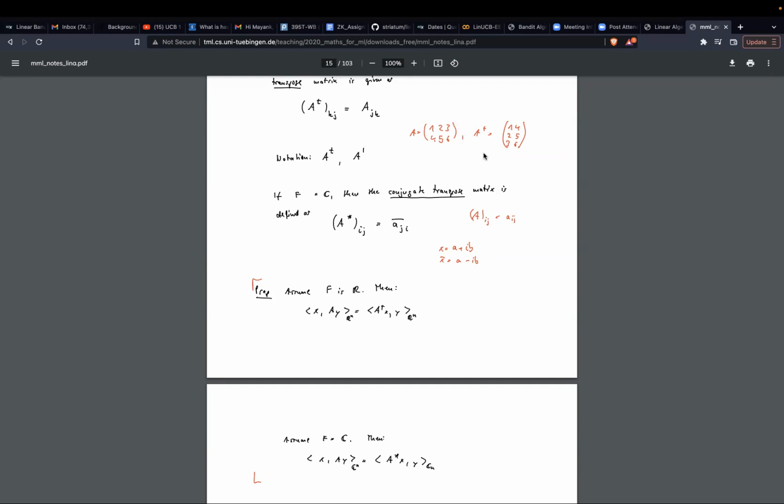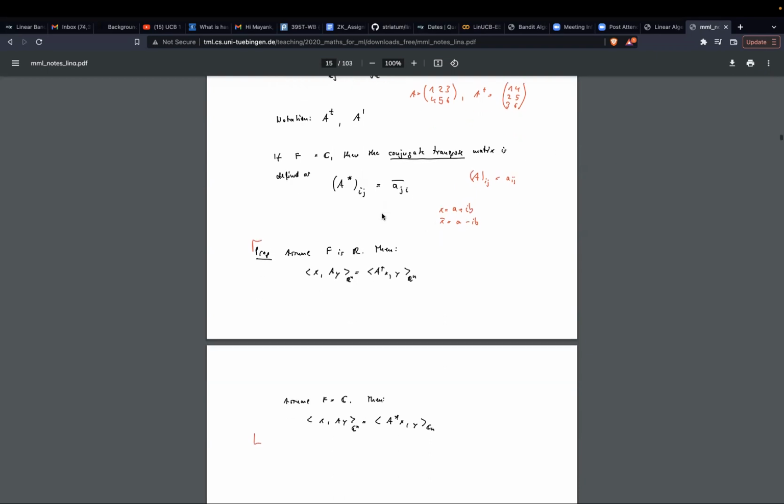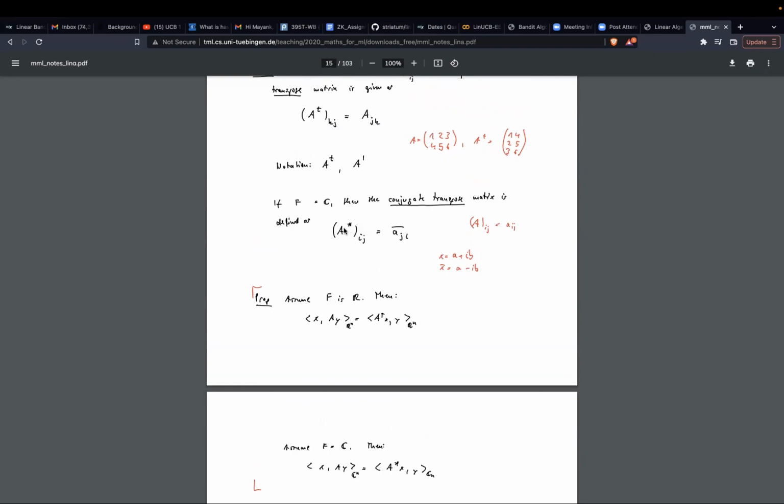Remember the conjugate of a complex number a plus ib is a minus ib. So you just change the sign of the imaginary part, that's it. That is represented by a star. So when you see the star sign, that means conjugate transpose.